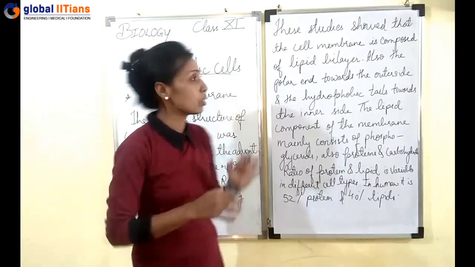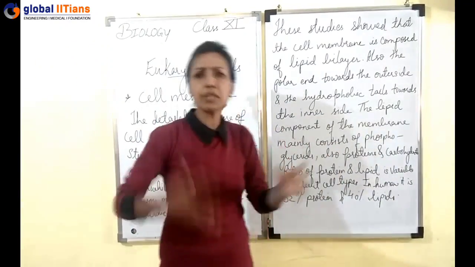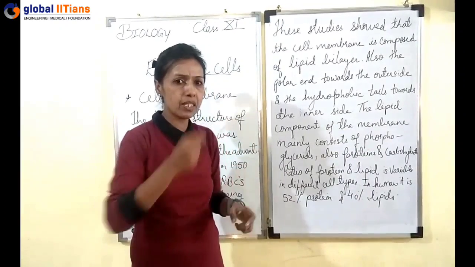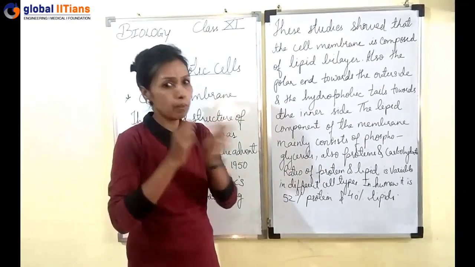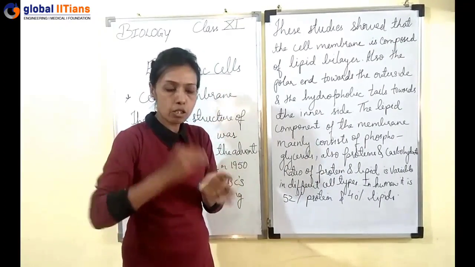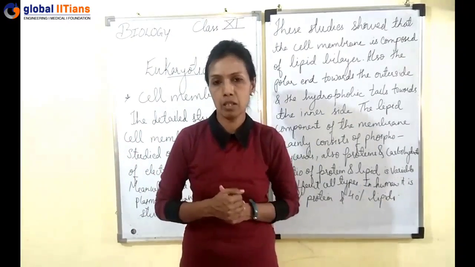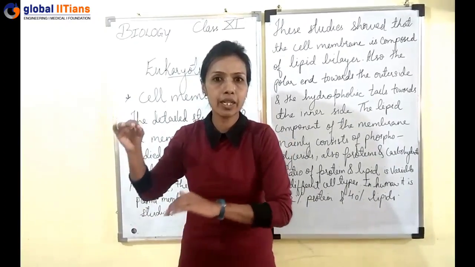Now, to talk about the eukaryotic cells that we are going to discuss today, there is plenty of detail. Students, make it a point that for every single comment or word, you hold a pen and paper in hand and note down the important terms, because you are going to come across various new terms. It's not like what you have studied so far in your lower grades.